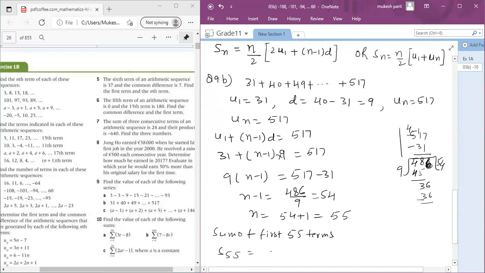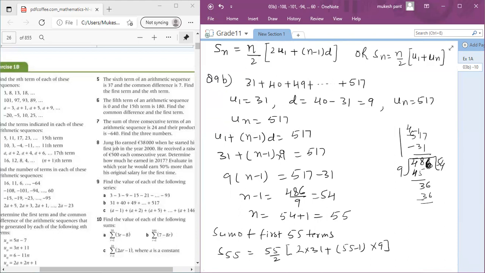So this is 55 over 2. Whichever formula you want to use, you can use this one or the second one. I'm using the first. So this is 2 times the first term, 31, and 55 minus 1 times d, which is 9.